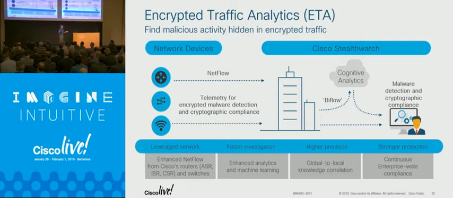So Cisco has a Talos research lab. And in that lab, they run a global threat map. So basically, it's a who's who on the internet, the dark side. So they are aware of all the malware campaigns running on the internet.